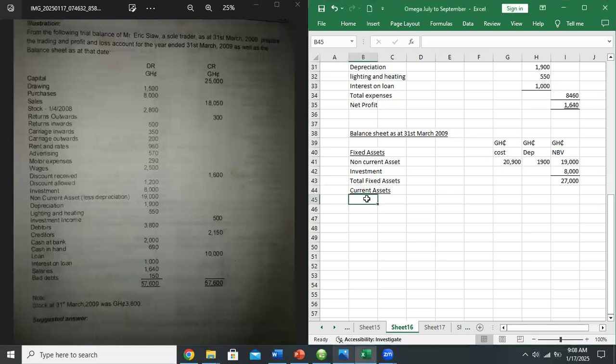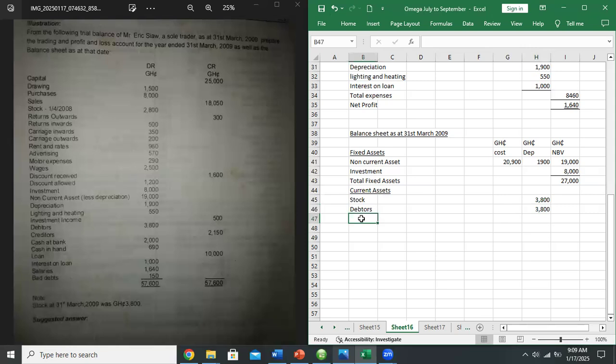Okay, Ashley. Stock. Thank you very much. That's the closing stock. So stock, and that is 3,800. After that, what next? Debtors. Debtors, thank you. And the debtors figure is also 3,800.